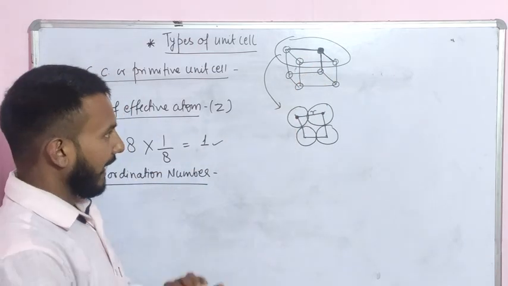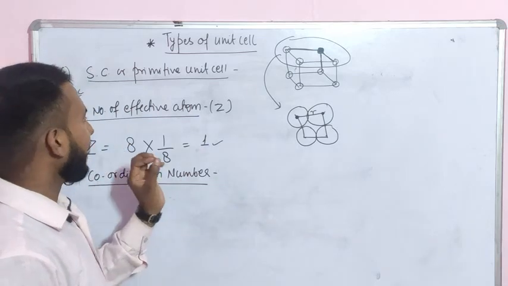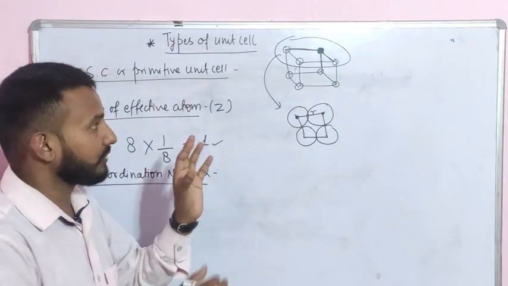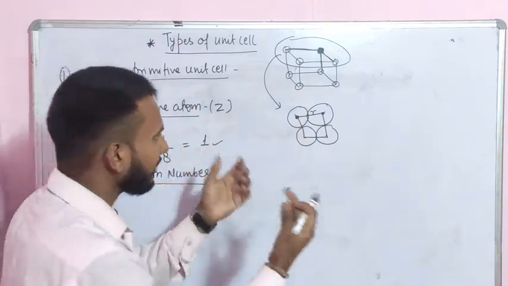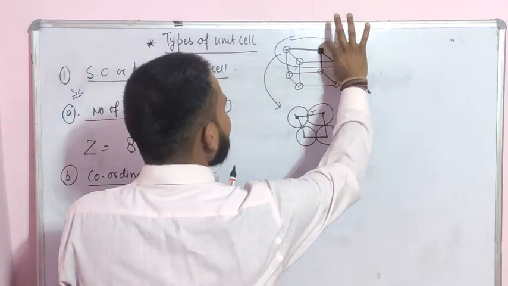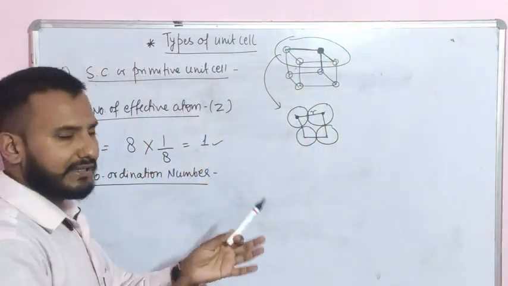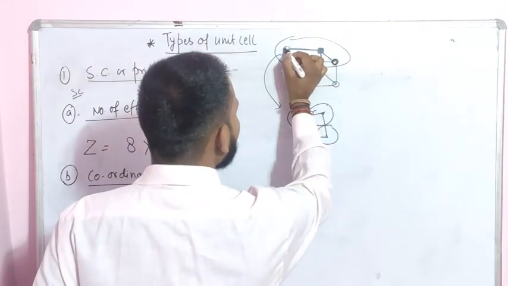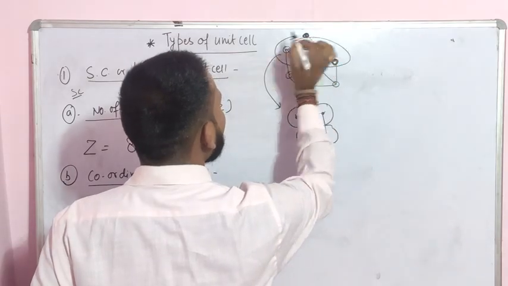No. Actually, as I told you just before, we are not considering this unit cell alone, because there are lots of unit cells combined. So the next unit cell will be there, and lots of unit cells will be there. In that case, at the same distance, if an atom is here, an atom will be there also.